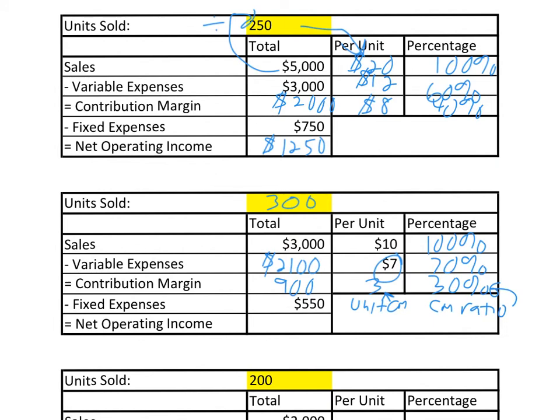CM ratio is telling you what percentage of my sale dollars, what percentage of that $10 that I'm selling it for, do I keep per item sold that I can apply towards fixed expenses. And then just finish out the income statement. 900 minus my expenses of 550 will give me a profit of $350.